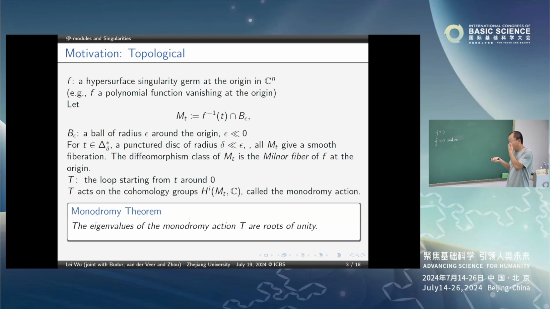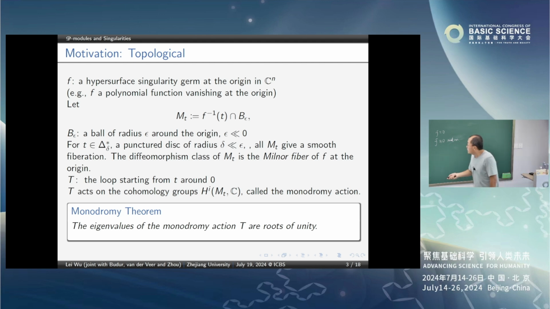A classical result says that the eigenvalues of the monodromy action are roots of unity. But because this construction is purely topological, we have to control epsilon and delta, so it's usually hard to calculate. Next, we will see how to calculate it in an algebraic way, more precisely by using b-functions.